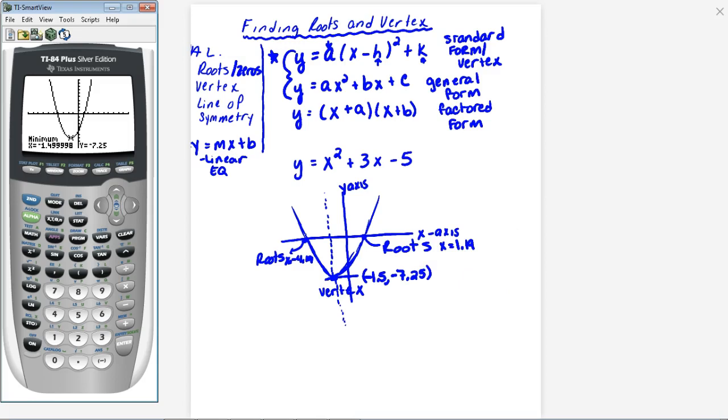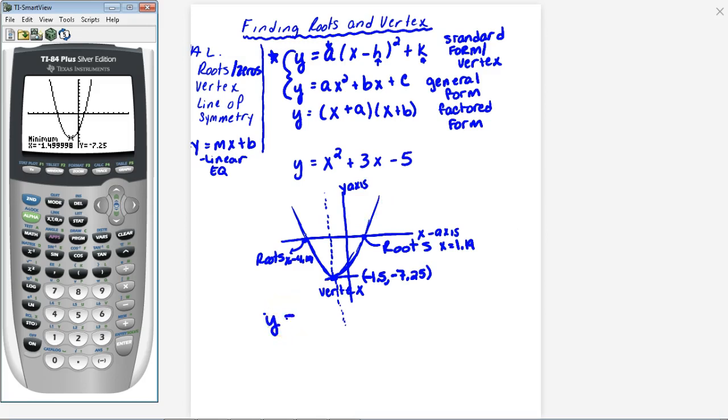Okay, so with these pieces of information, I'm going to be able to change this equation from the general form to the vertex form. So what that means is I'm going to write down the vertex form down here, and we're going to see where we need to put all of these numbers, right?